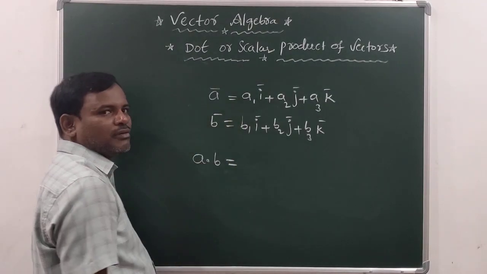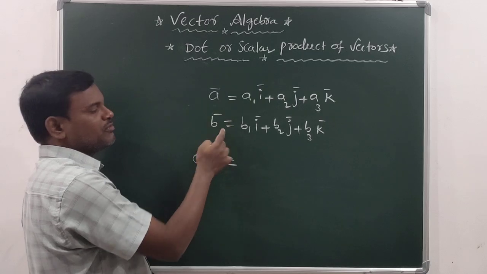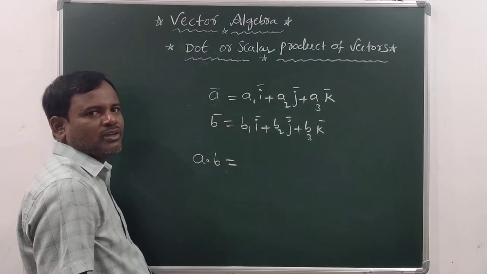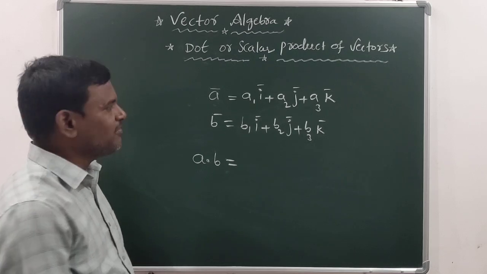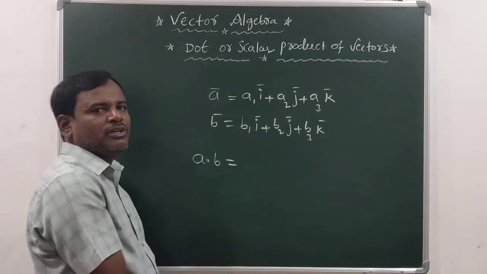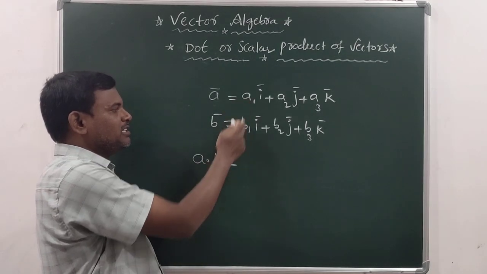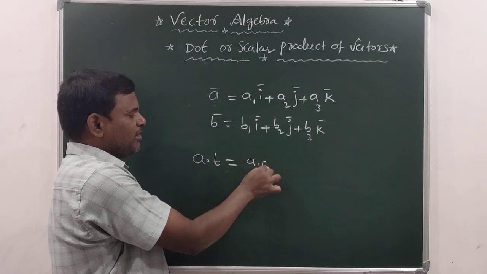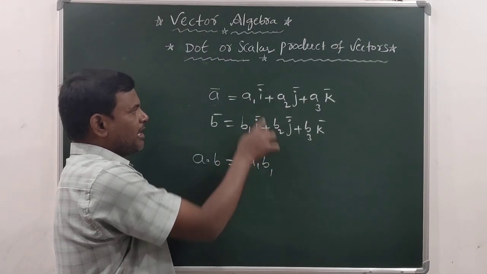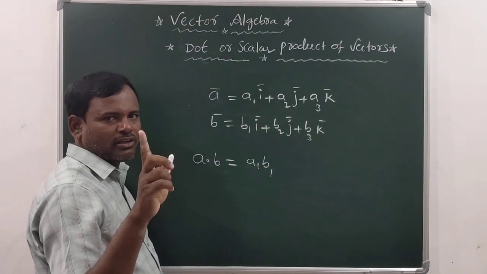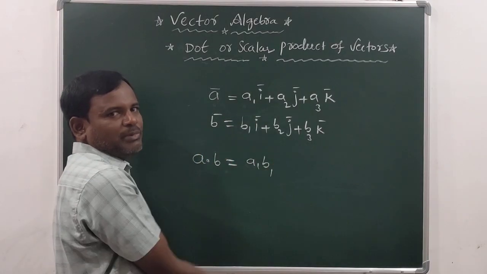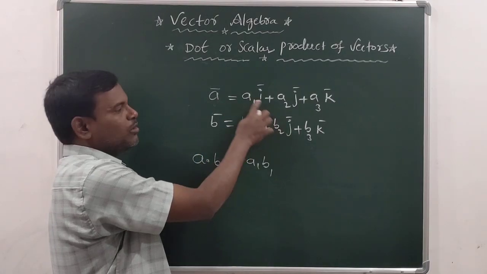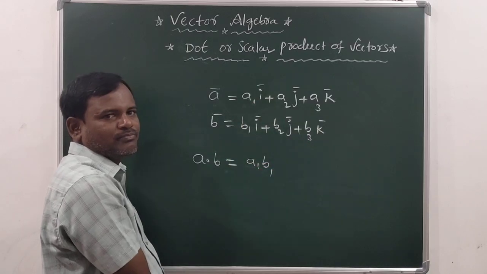So you just have to take the product of these two. You know how to take the product of binomials, trinomials. In the same way, you have to multiply these two. If you multiply this with this, A1 B1 you will get, and i dot i becomes 1. And if you multiply this with these two, the result will be 0, because i dot j is 0, i dot k is 0.